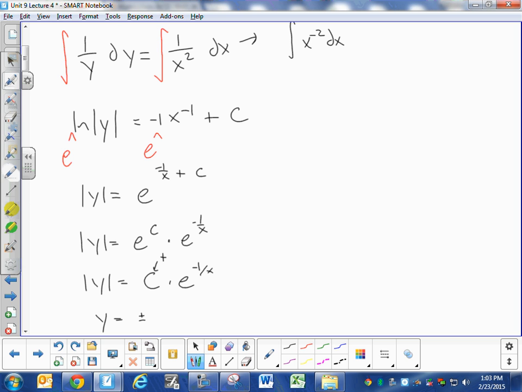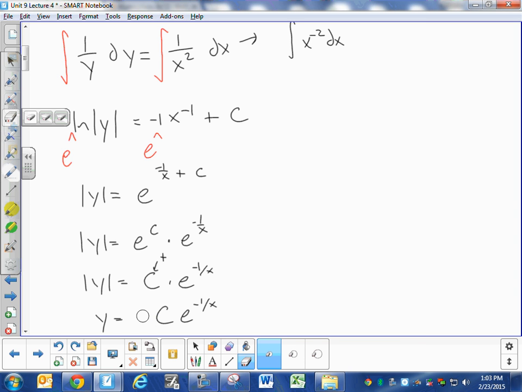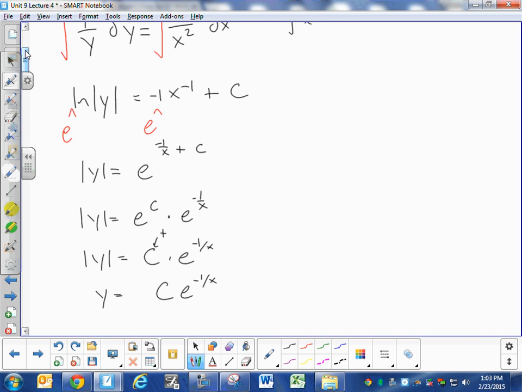So I can make this a plus or minus c e to the negative 1 over x, which is just a c. Well, here is my general solution. y equals c times e to the negative 1 over x.